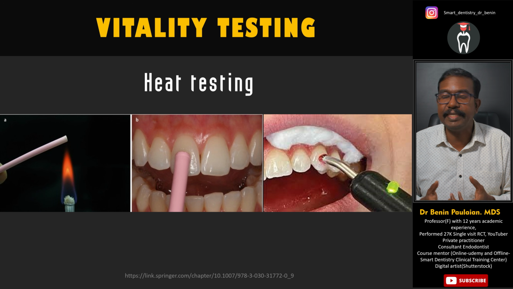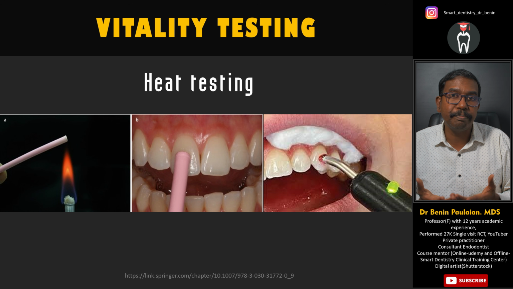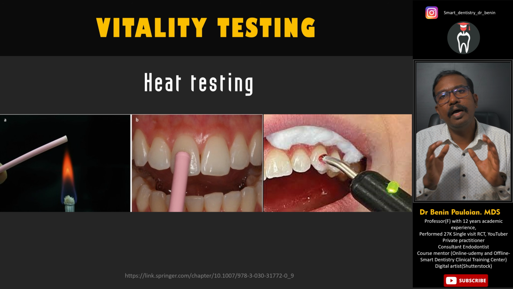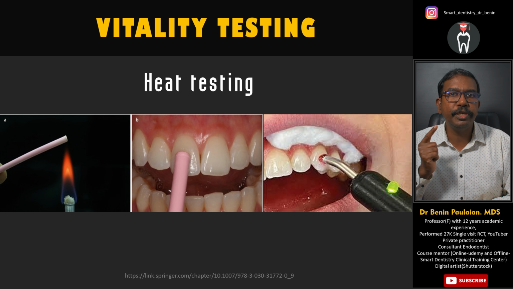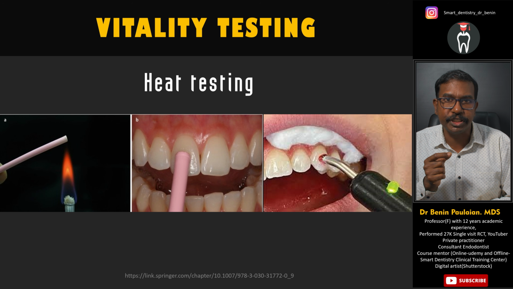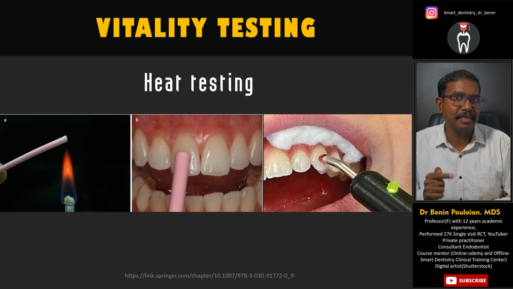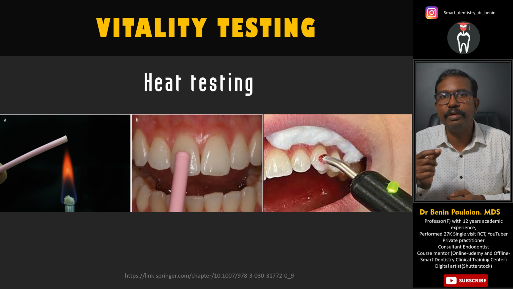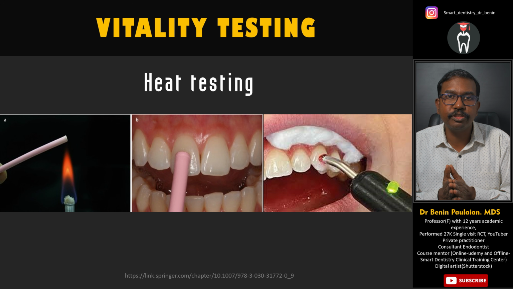If it is intact, then we could say that yes, the pulp could be vital. How to do this testing? The easiest way is to use GP sticks, not the GP cones which are used for obturation. The GP sticks which are available can be heated over a flame so that they soften.